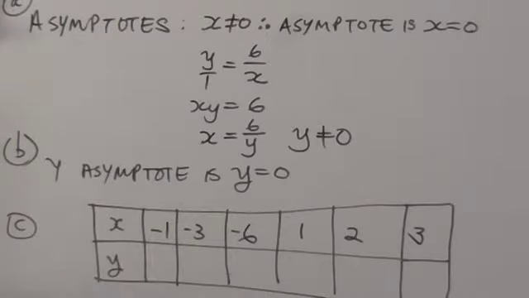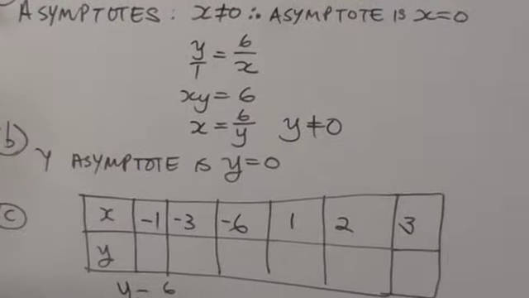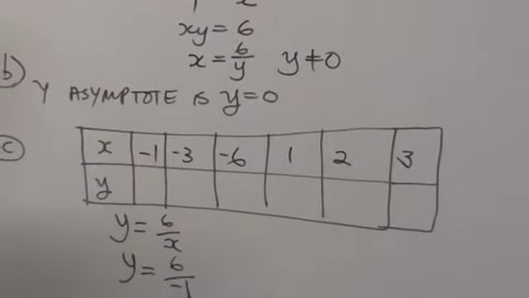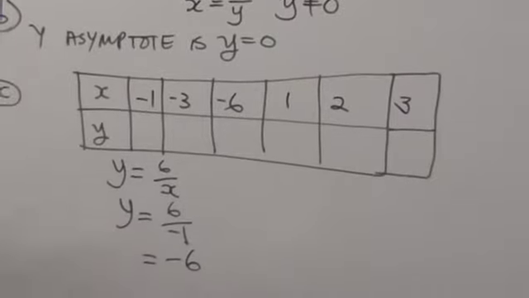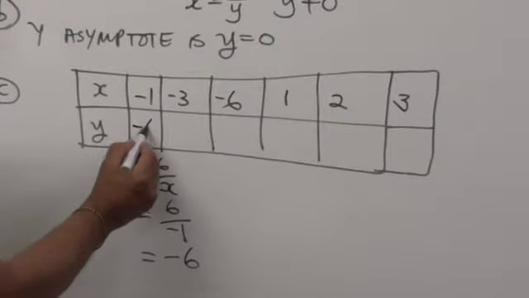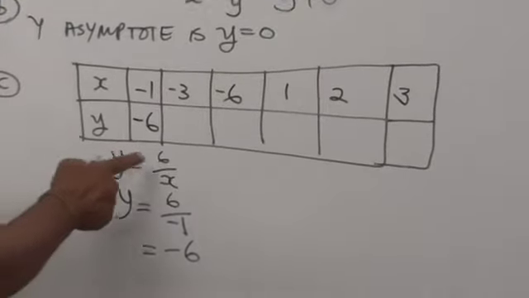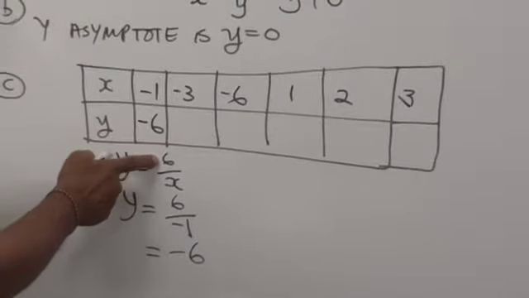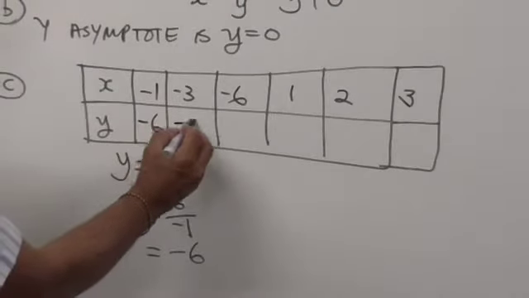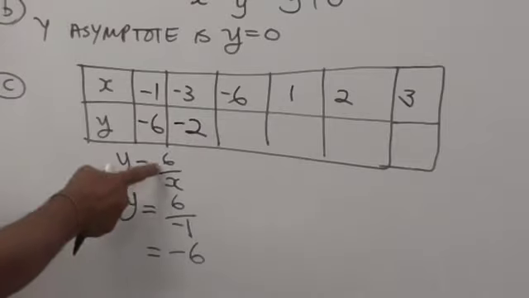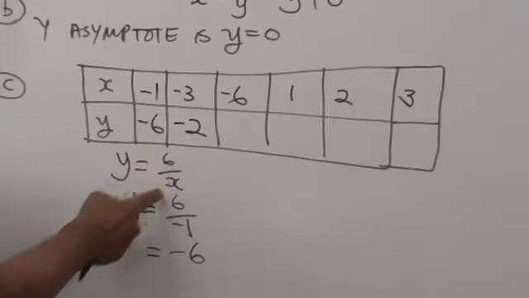So, you got y is equal to 6 divided by x. I'll just do one example. y is equal to 6 divided by -1. That gives you -6. Next, 6 divided by -3 will give you -2.